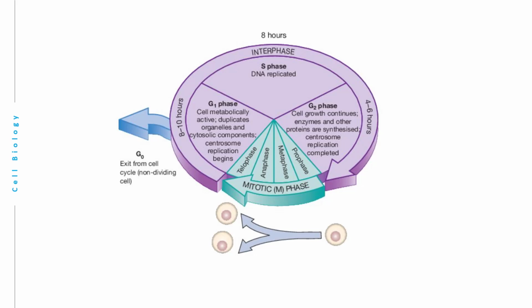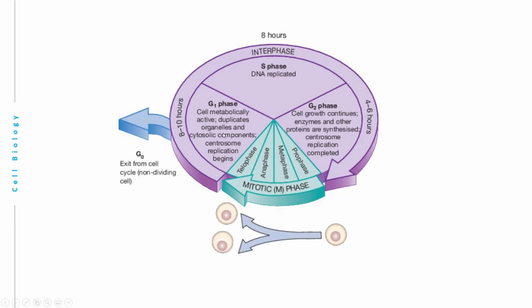In addition, it also has to go through the process of obtaining and digesting nutrients so that it has the raw materials and the energy to go through these phases of cell division. So as I told you earlier, in addition to the mitotic phase, you have what is known as the interphase, which you divide into G1, S, and G2.